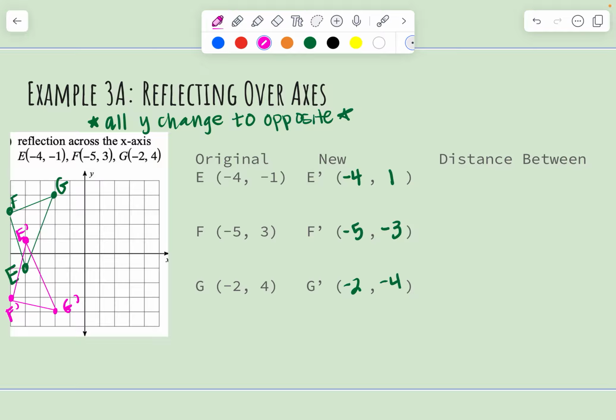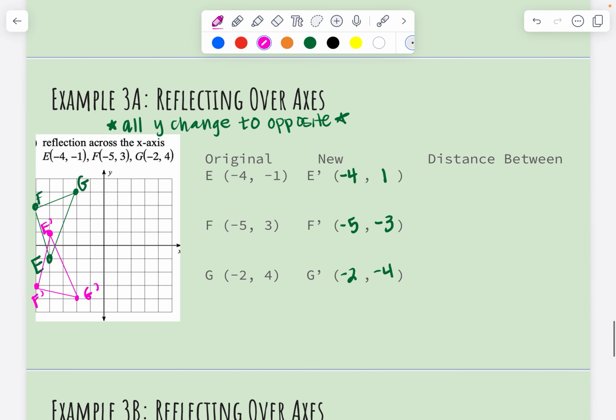So it's kind of like we took that triangle and flipped it upside down. Notice that in our green triangle, E was on the bottom, and in our pink triangle, E is on the top, so it's switched.